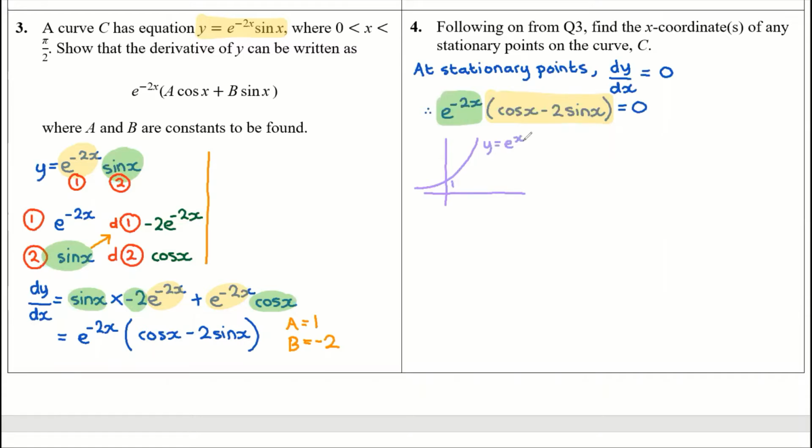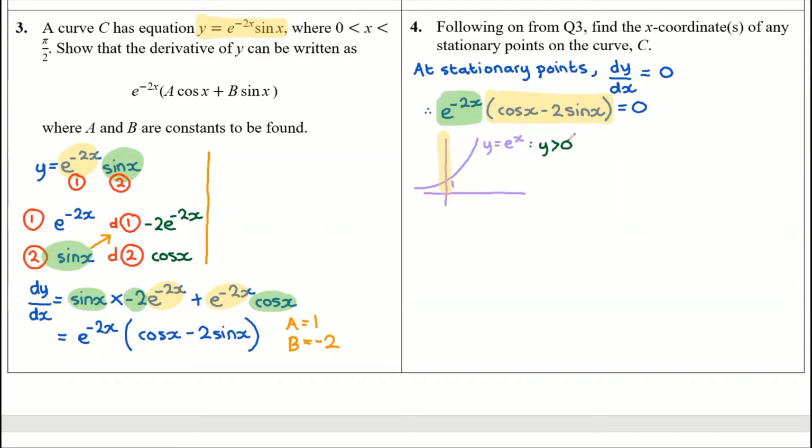Now you'll know that the range of values of e to the x, so that's just all the y values it takes, is always greater than 0, not greater than or equal. It's always greater than 0 because there is an asymptote.